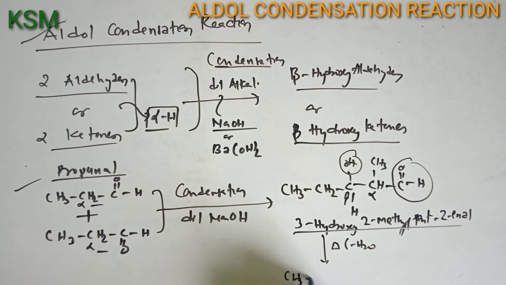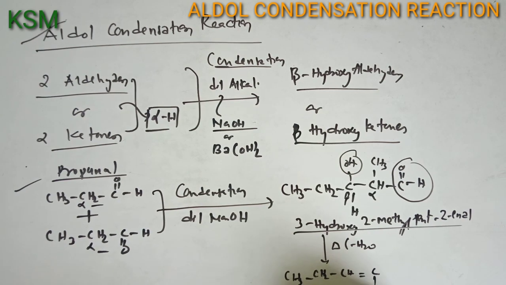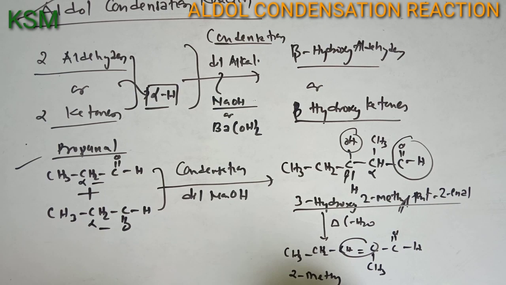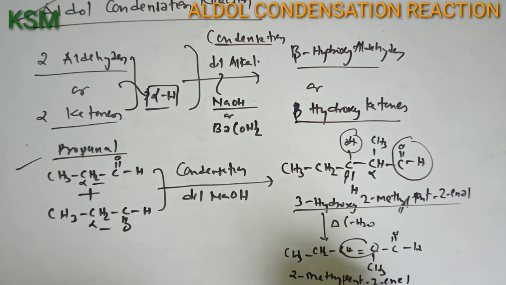It will be CH3, CH2, CH, double bond C, CH3, single bond C, double bond O, H. So a double bond comes out between two carbon atoms and its name is 2-methyl pent-2-enal.